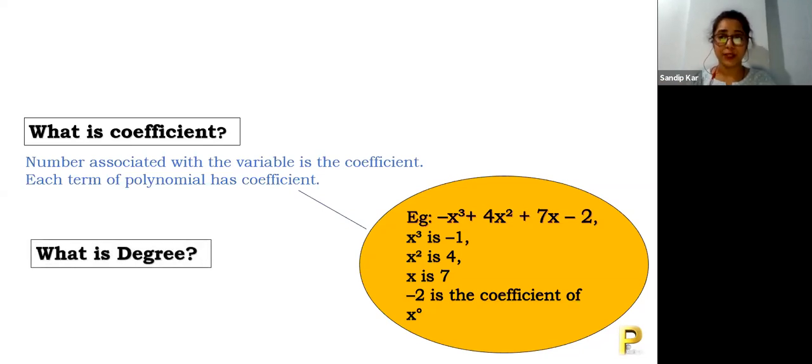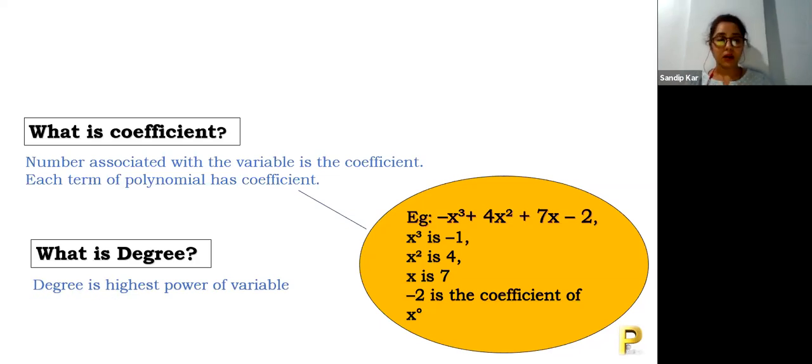Now let's look at the next term: what is a degree? This is not the degree we get after graduation or after 11th and 12th. This is a degree related to mathematics and algebra. Degree is the highest power of the variable.